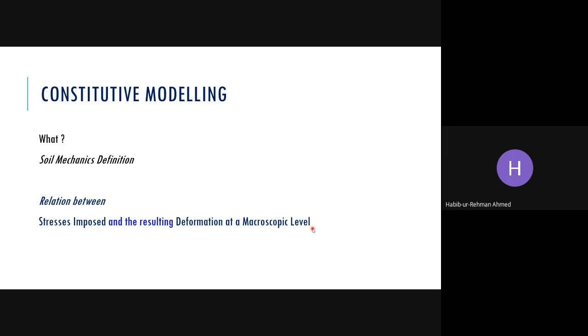I just want to emphasize again the value of constitutive modeling over here. Although I have said it to some extent in the beginning, it's important to say that usually as geotechnical engineers we are dealing with empirical methodologies. We are dealing with closed form solutions.